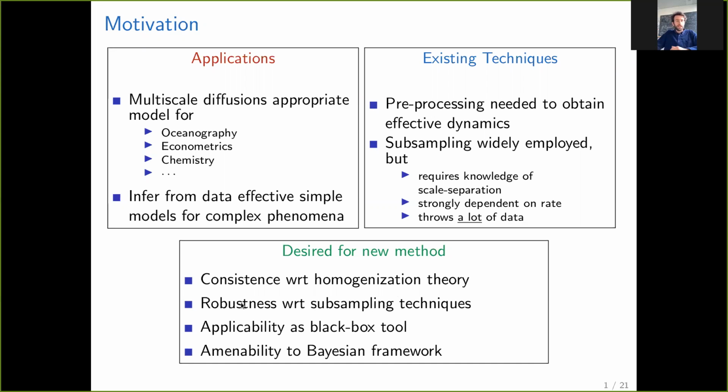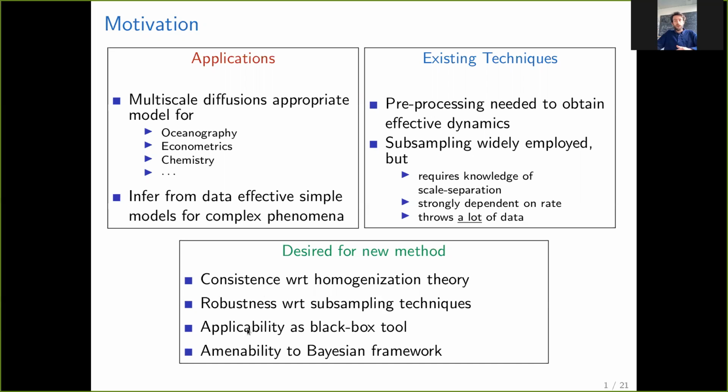The second thing that we would like to have is that if we introduce some parameter in the method, we would like our results to be consistent and robust with respect to this parameter, as is not the case in subsampling, as I said before.